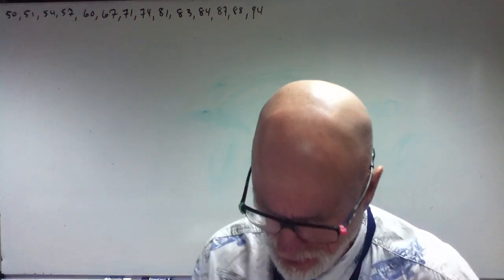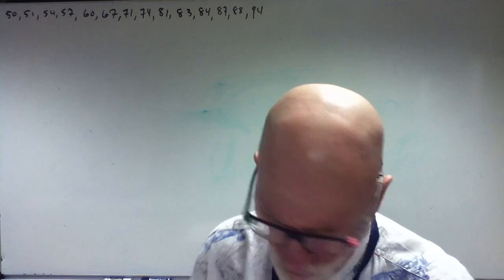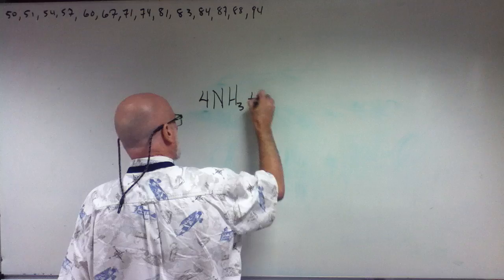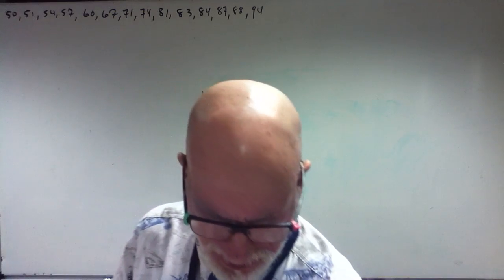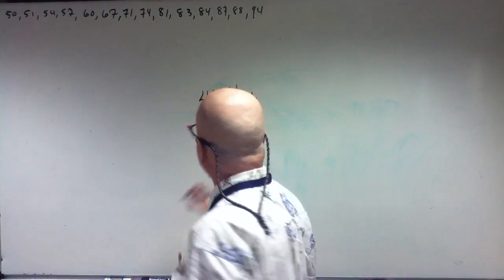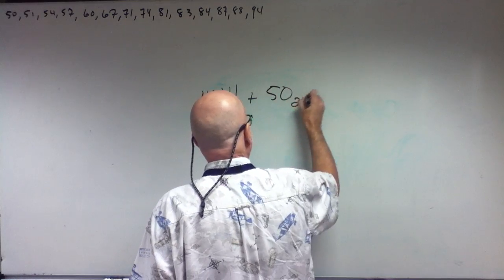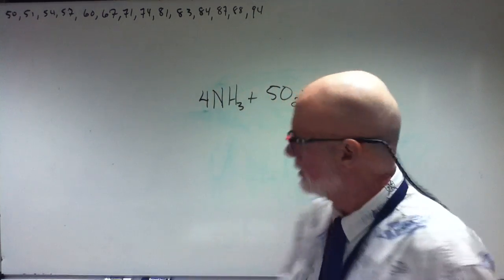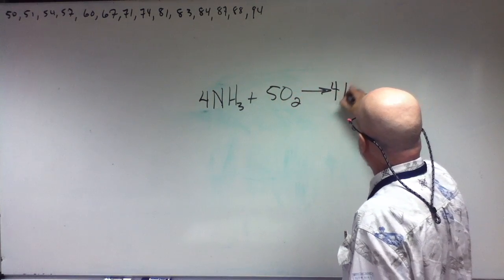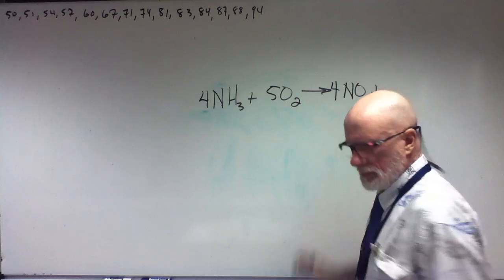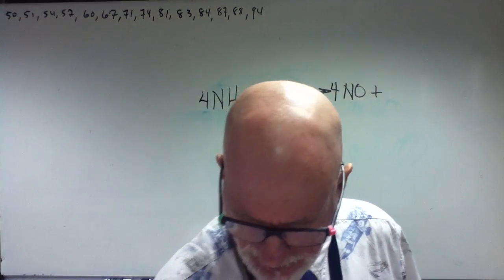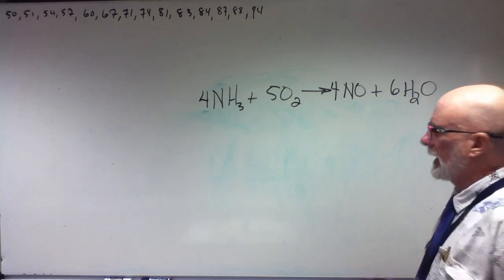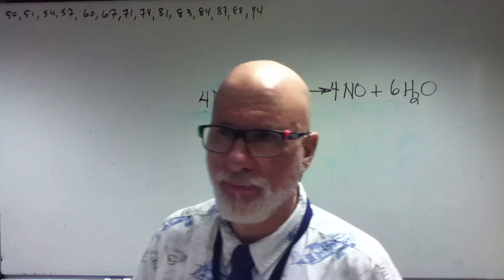So 4 ammonia, 5 oxygens, yields 4 nitrous oxides, plus 6 waters. Okay? Yes or no?